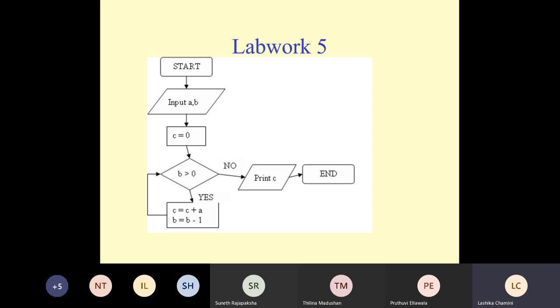So here in this flowchart, you can see this. At first we get the input numbers A and B, and we assign the value of C to 0. At this decision structure, we check whether the value of B is greater than 0.